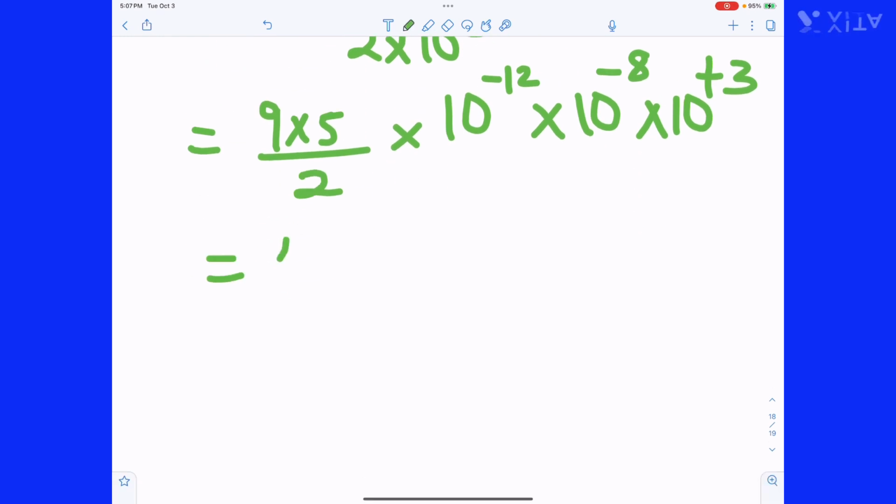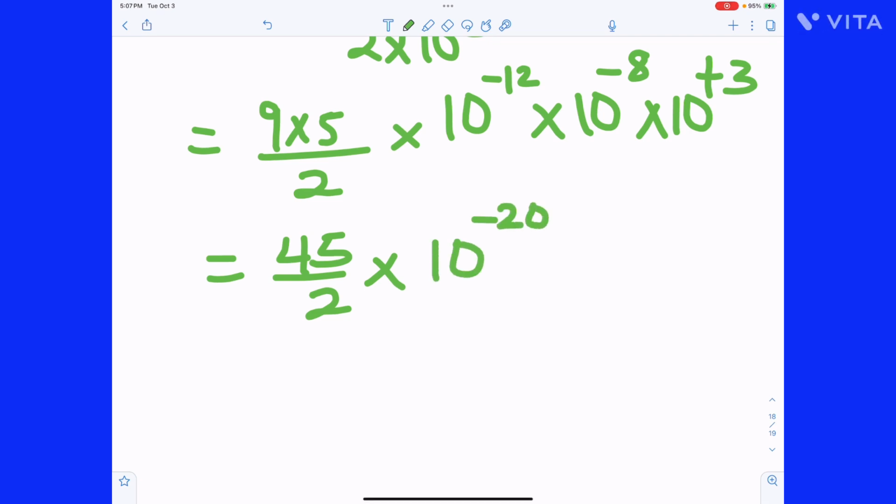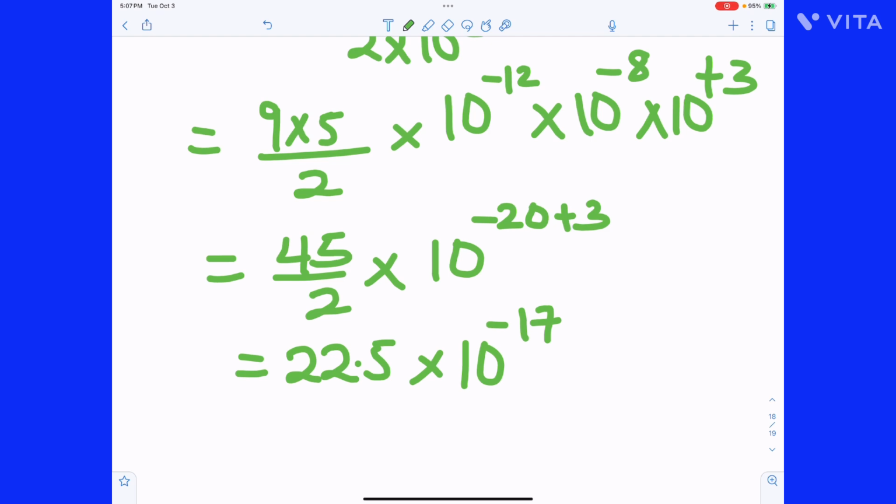So this is 45 over 2 times 10 raised to power minus 12 minus 8, which is minus 20. Minus 20 plus 3. 45 over 2 is 22.5. So this is 22.5 times 10 raised to power minus 17.